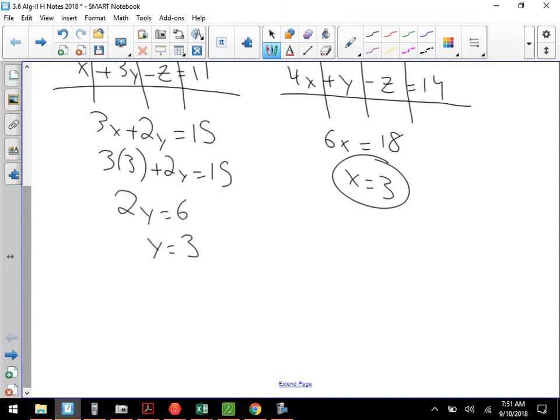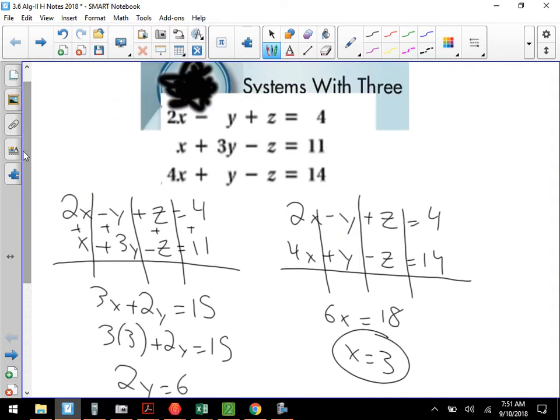Will your answer always be 3? No. And then lastly, what do you think we do to find z? Yep, exactly. You just go back. Does it matter which of the 3 equations you use to figure out what z is? No. I'll just use the top one. 2x minus y plus z is 4.